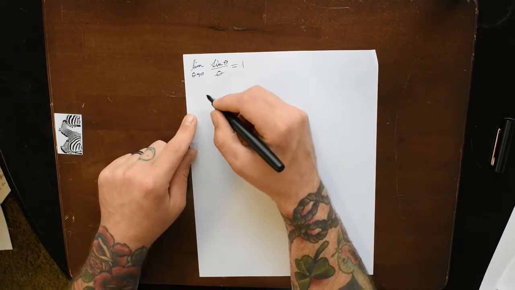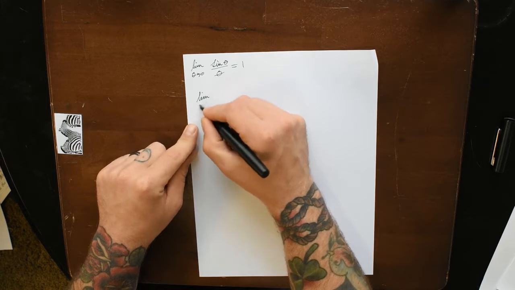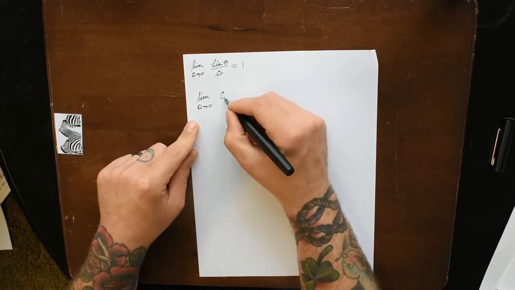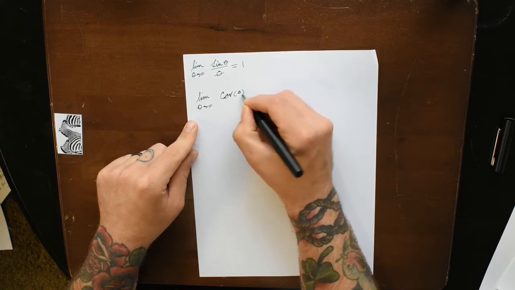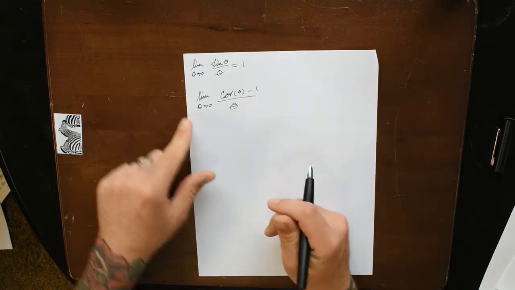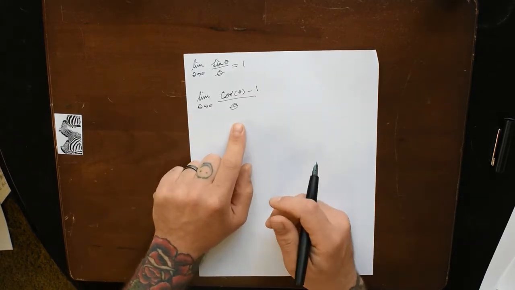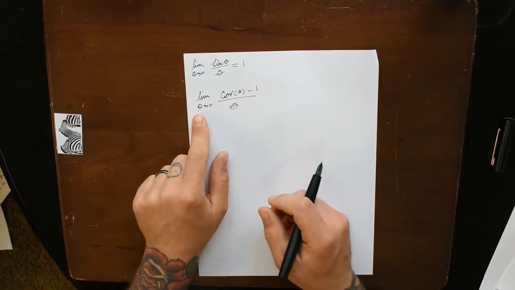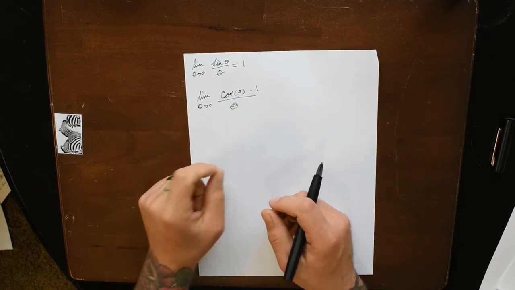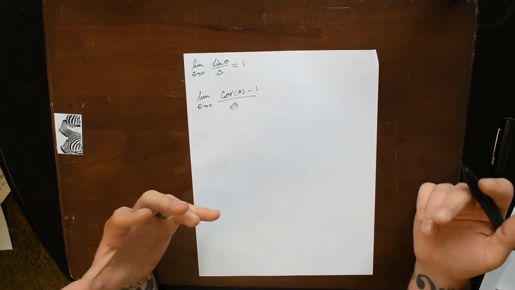We're going to figure out what the limit as theta goes to 0 of the cosine of theta minus 1 divided by theta is. If we immediately try and plug this value of theta in, we'd get 0 divided by 0, since 1 minus 1 is 0, so we've got to come up with other means.